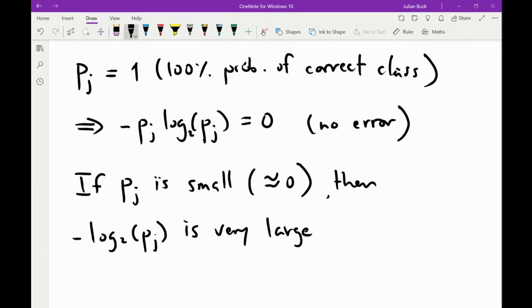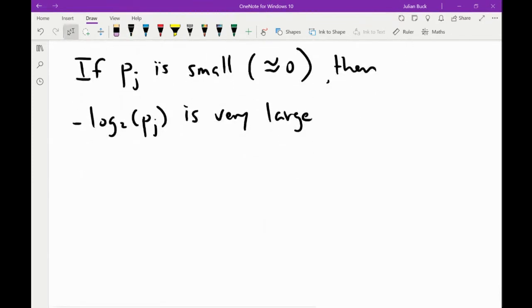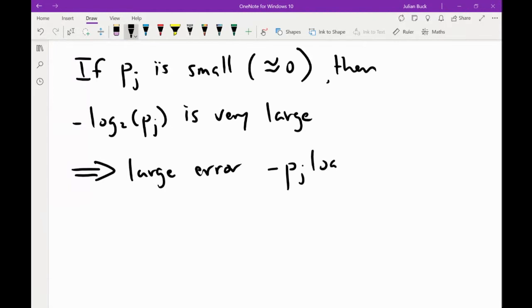Okay. So the implication of this is that we get a large error, negative pj times log base 2 of pj, because of the log part being so much bigger than the pj is small.